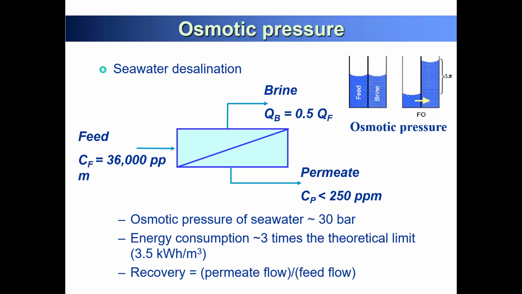But some seawater, as I mentioned, in Middle East countries, the Red Sea or the Gulf, has 45 gram per liter, so the osmotic pressure will increase up to 35 bar. So with different TDS concentrations, you can easily convert to osmotic pressure and calculate it.